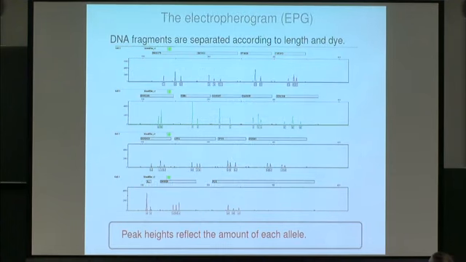So how do we measure that? We never actually read the sequence. We just get an electropherogram like this, EPG. And here we sort the alleles, or we register them by how long they are. So the x-axis here is the length of the allele, and the different panels here are different dyes.